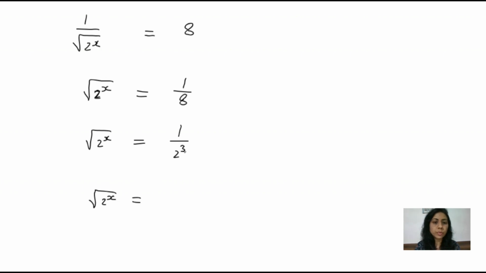Here we can apply the exponent property: 2 to the power 3 in the denominator, when we write it in the numerator, it becomes negative. We use the exponent law a^(-m).